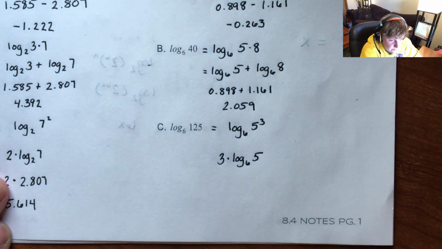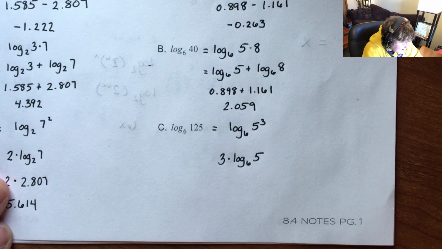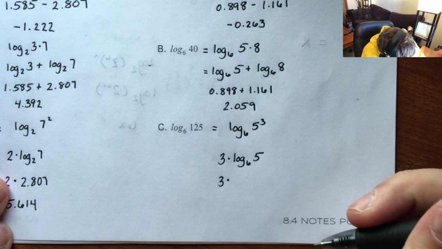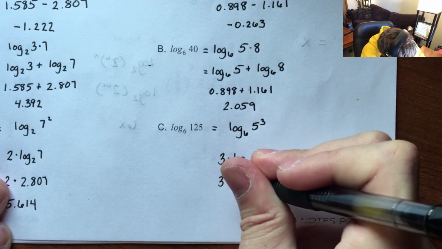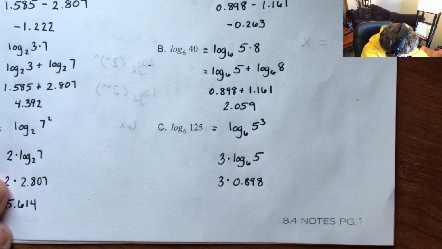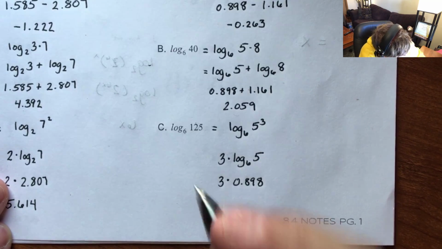Now I have 3 times log base 6 of 5. Log base 6 of 5 is 0.898, and 0.898 times 3 is 2.694.